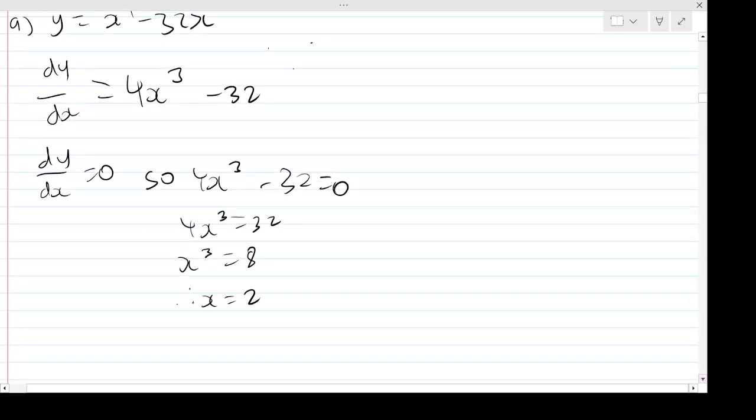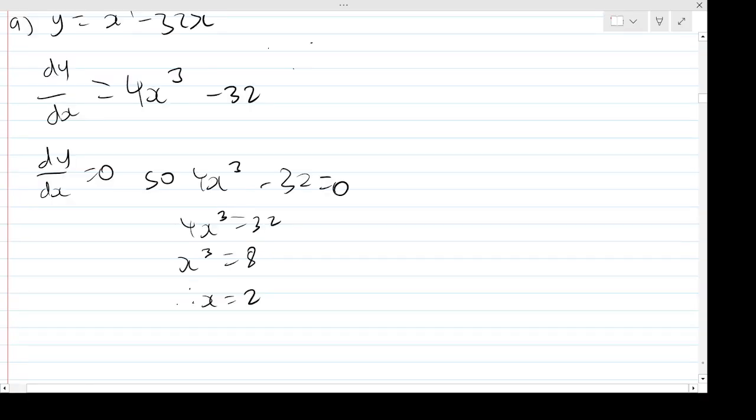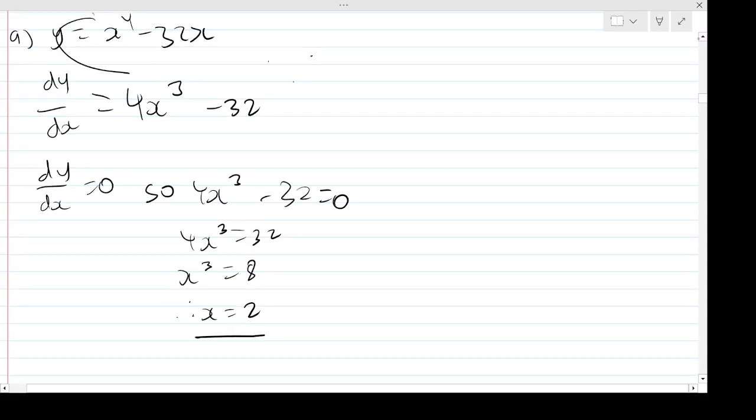Cool. That's my x value, but it wants the coordinates. Remember, a coordinate has an x and y part, so we need to find the y value as well. We know the equation of the curve is x to the 4 minus 32x, so we can find y by substituting x into that.